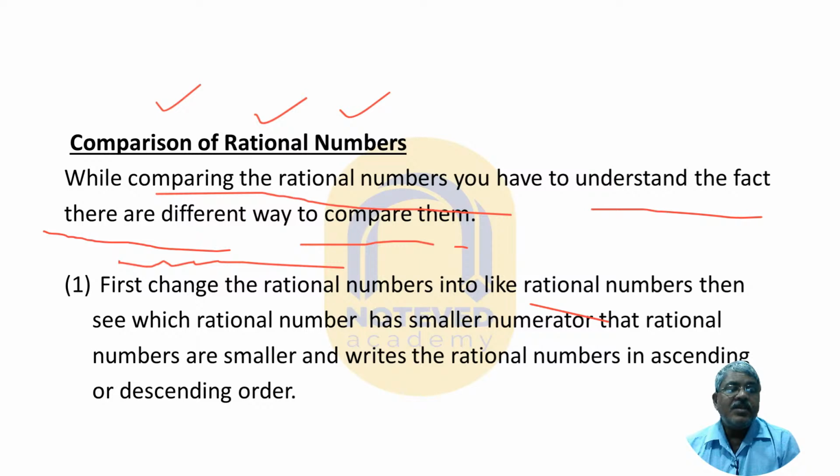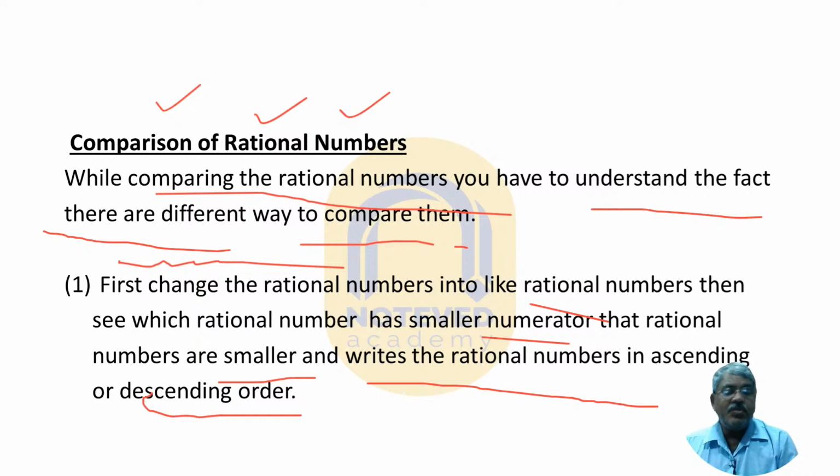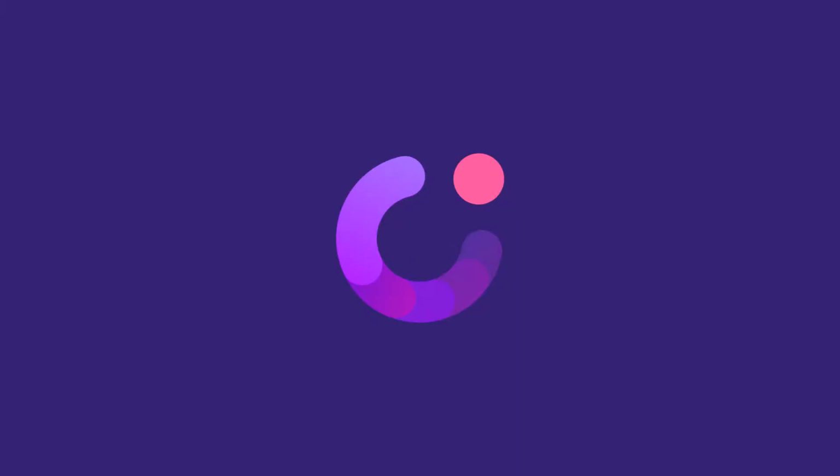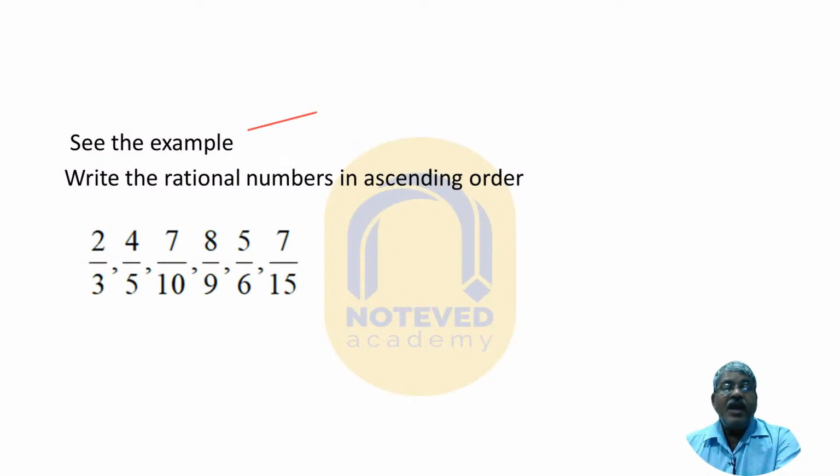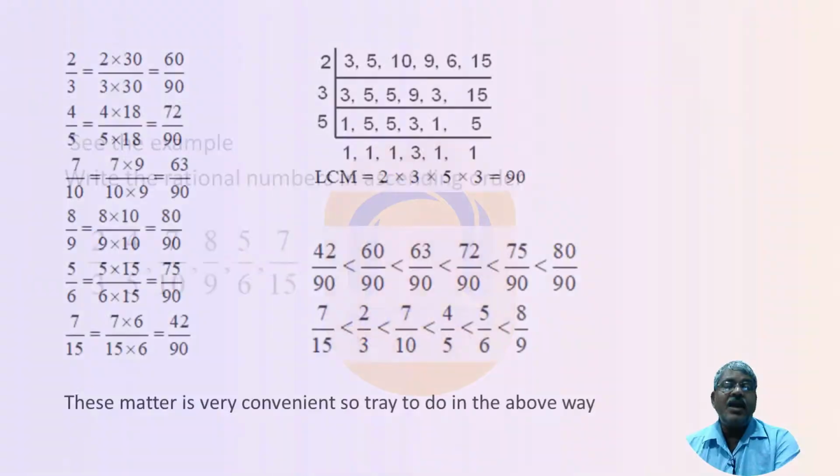That rational number is smaller, and write the rational numbers in ascending or descending order according to the position. Now, you see the example. Write the rational numbers in ascending order. Here are some rational numbers. They are not like, so first change them into like rational numbers.